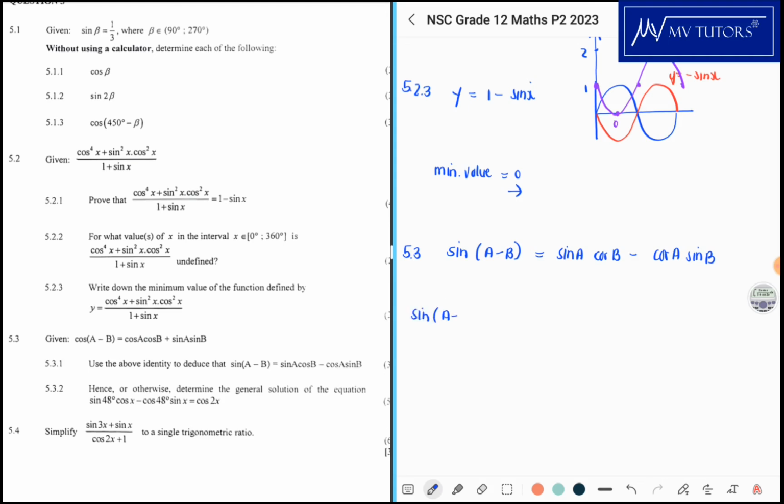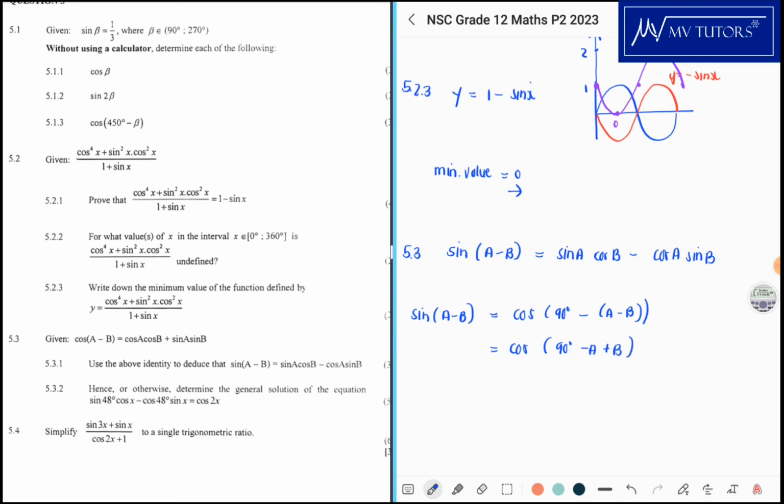If we have sine A minus B, we can use the co-function and say we have cos 90 minus A minus B. And from here on, we can then say we have 90 minus A plus B.